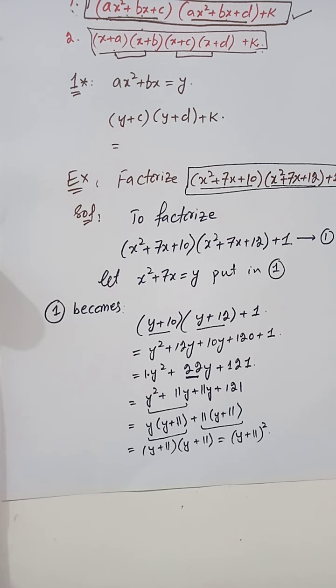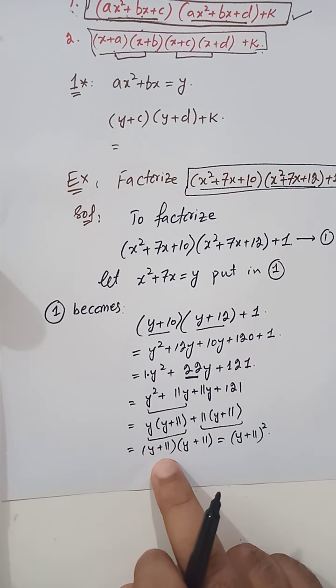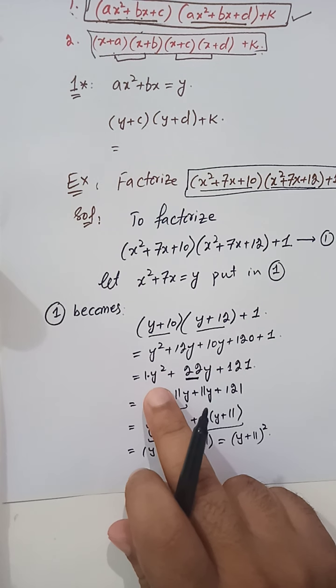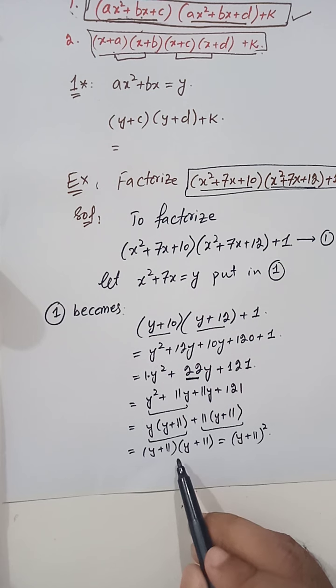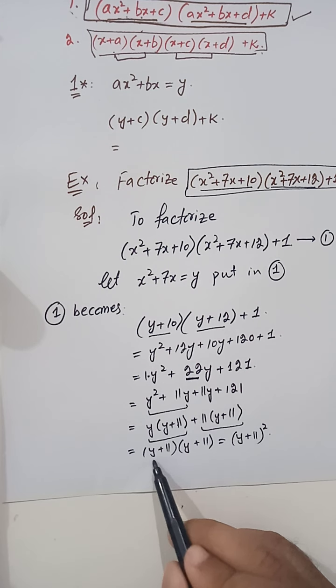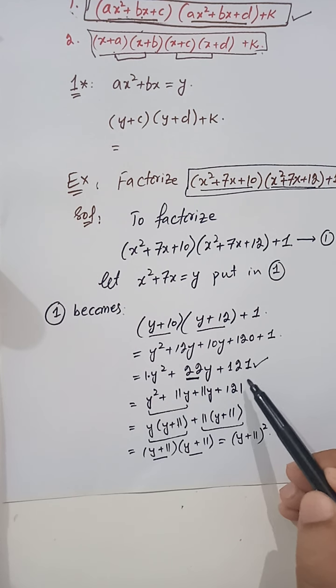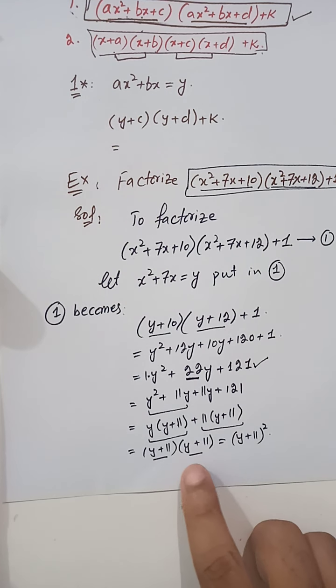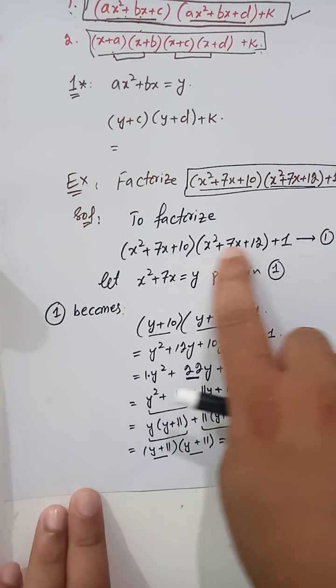But this is not my required factors. In this case, the factors of y square plus 22y plus 121 are y plus 11, y plus 11. These two factors are the factors of this algebraic quadratic expression. But I need the factorization of the given algebraic expression.